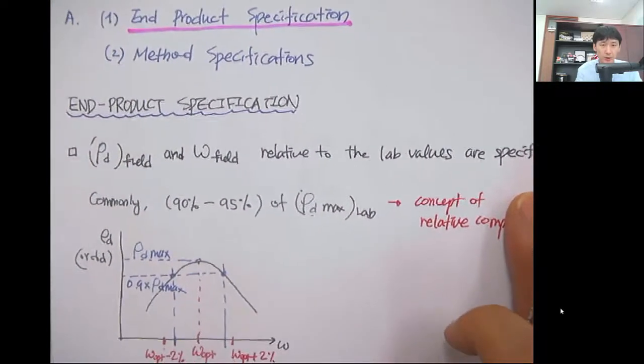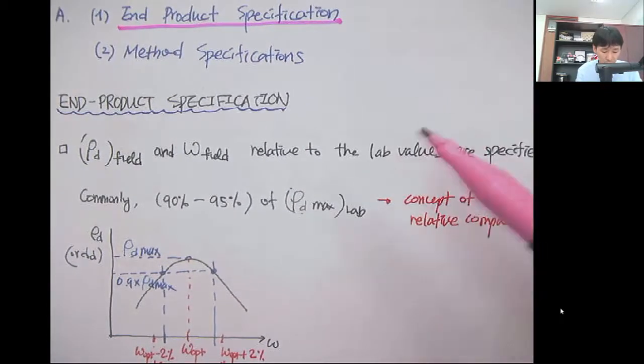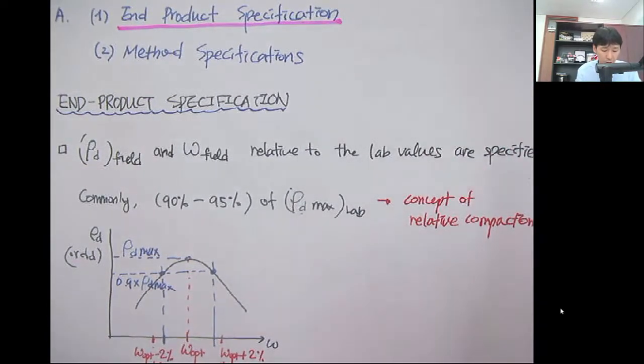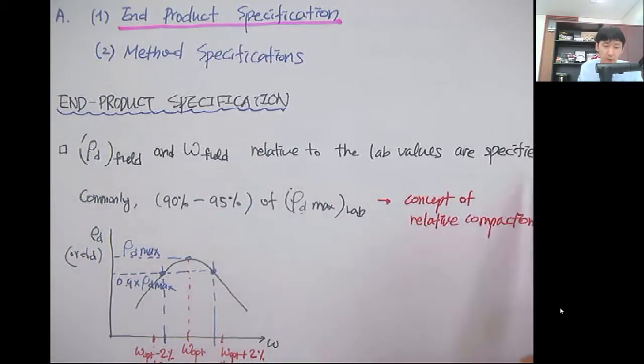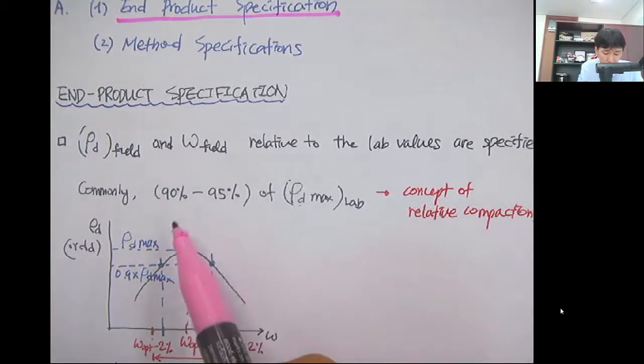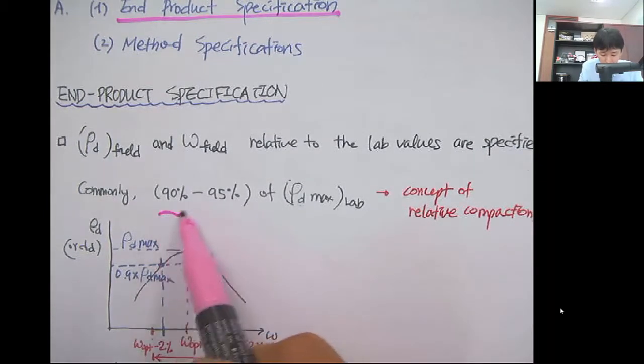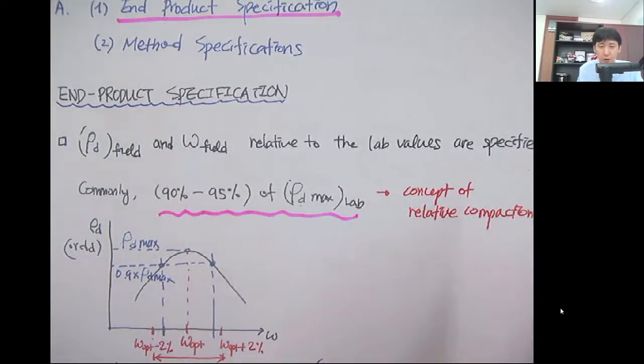First, the end product specification. In the end product specification, the project owner specifies the final dry density, or the dry unit weight of soil, and water content. So field dry density and the field water content relative to the lab values are specified. Commonly, people use 90% or 95% of the maximum dry density obtained from the lab.